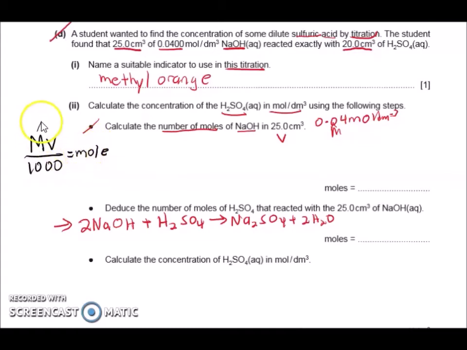So here this M stands for molarity, which is 0.04, and then the V here stands for the volume in cm³, which is 25, and we divide it by 1000. So these are the steps to find the mole here.